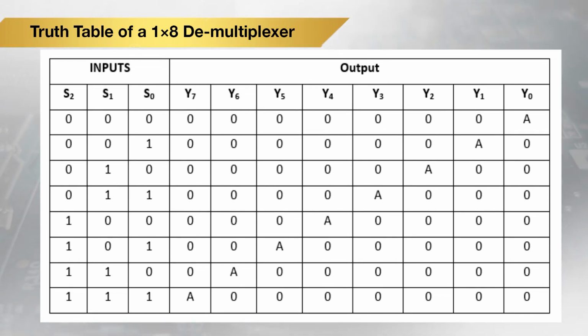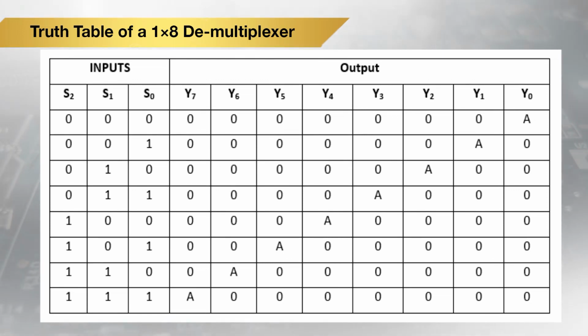And for the final combination of S0, S1 and S2, that is 1, 1, 1, the output will be at Y7 representing the input value and the rest will have logic 0.